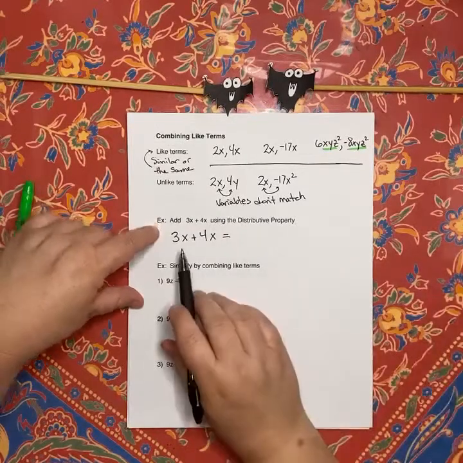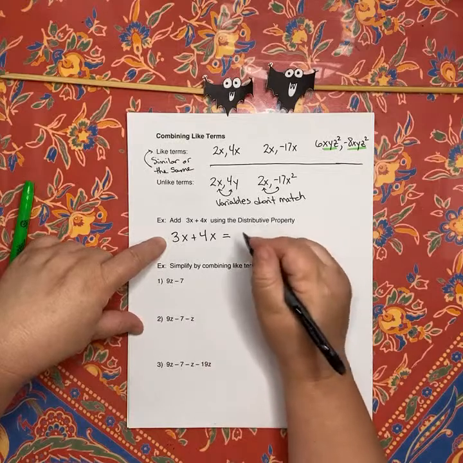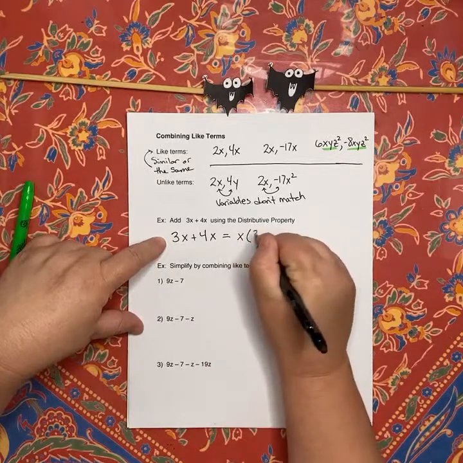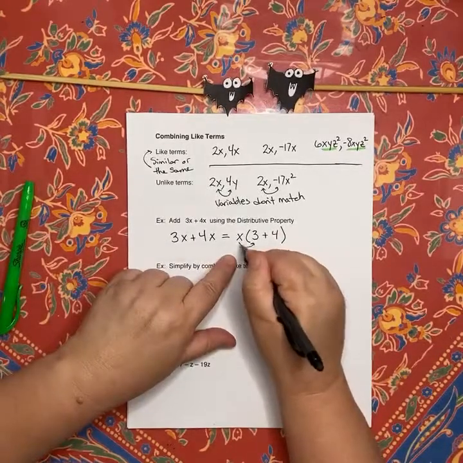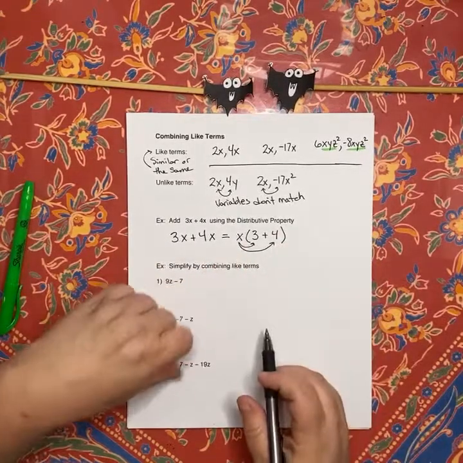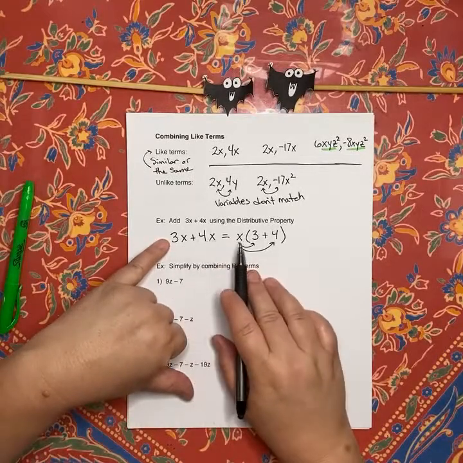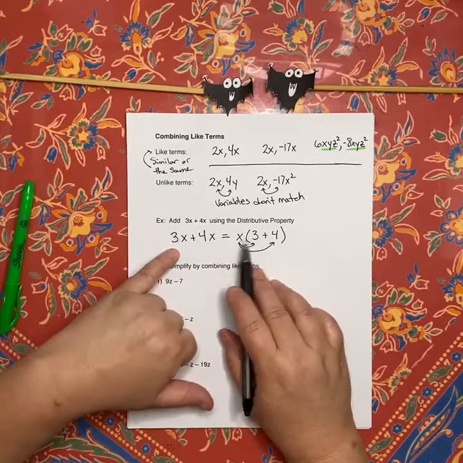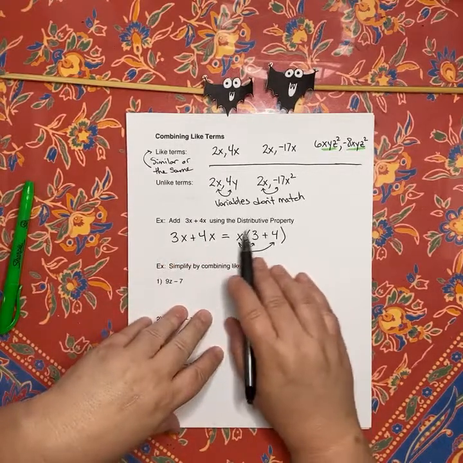I'm going to say if there's an x here and there's an x here, it's basically kind of like there was an x outside and we took it visiting the family. So if I go backwards, if there's an x here and an x here, I could say x went to go visit 3 and then x went to go visit 4. So I write it using the distributive property.